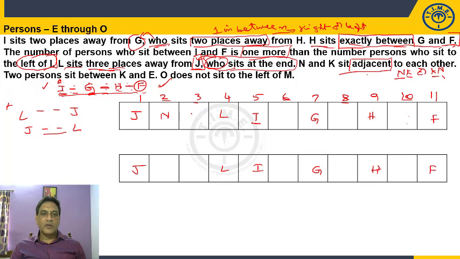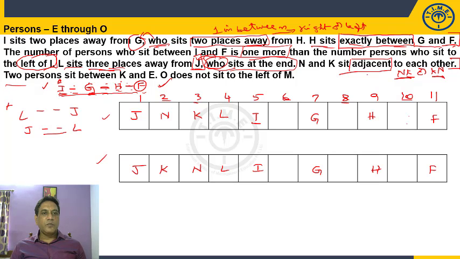One possible case is N is in 2, K is in 3. And the other possible case is K is in 2 and N is in 3. This is the other possible case. So till here we have used the information. Because we do not know whether it is NK or KN, we are trying both the cases.